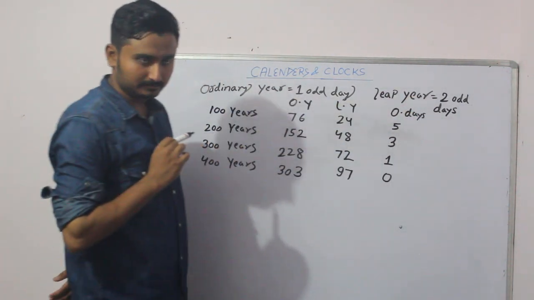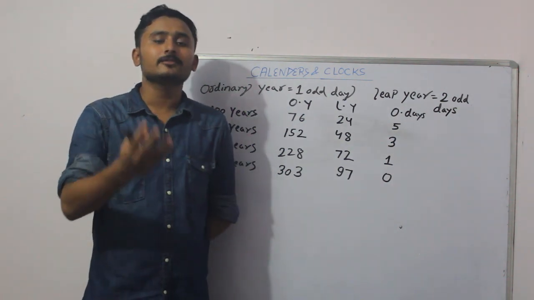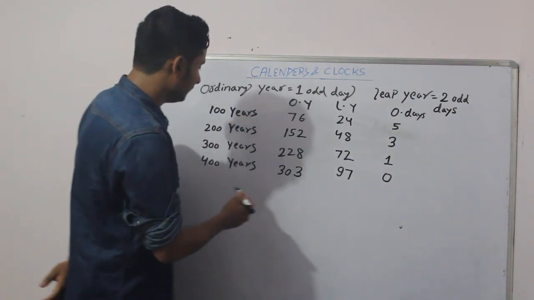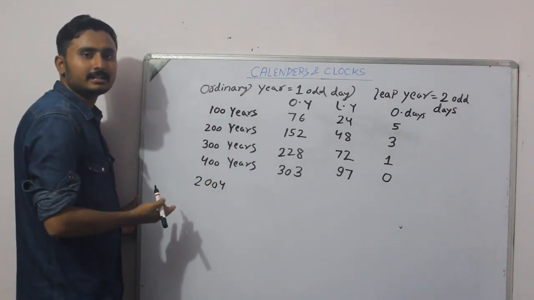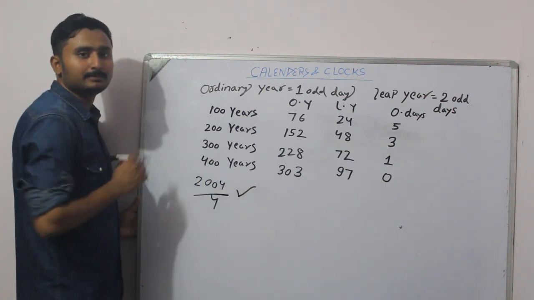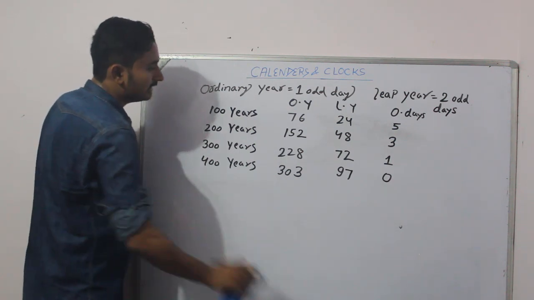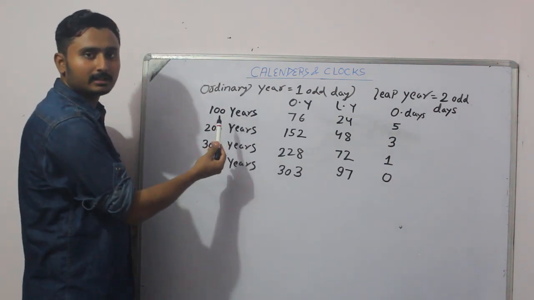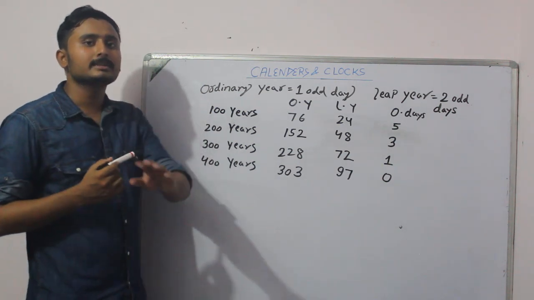As we know, a year is a leap year when it is divisible by 4, for example 2004. We usually check whether it is divisible by 4. If it is divisible by 4, then it is a leap year. But in case of centuries, for example 100 years, 200 years, 300 years and so on, this concept is not valid.